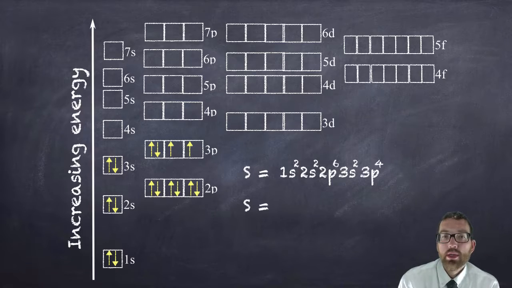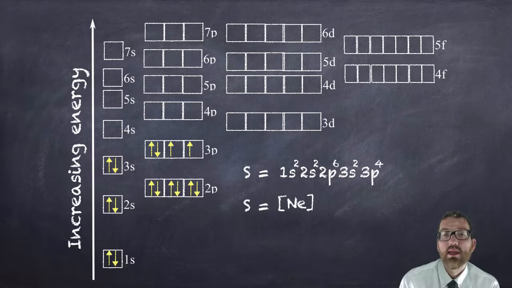Let me show you a shorthand way of writing sulfur's, or any element on the table's, configuration. You can put in brackets the noble gas that comes before the element. The noble gas in group 18 that comes before sulfur is neon. So neon in brackets means you have all of the electrons that neon has: the 1s2, the 2s2, the 2p6, all 10 electrons.